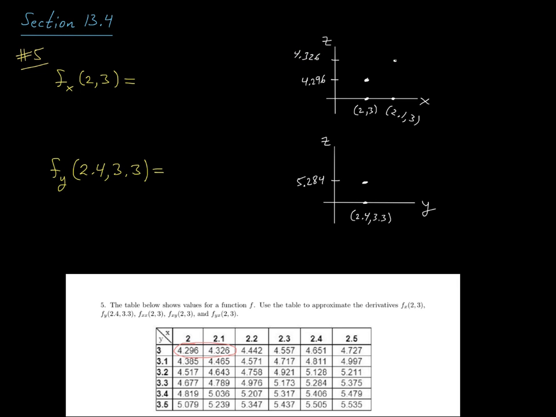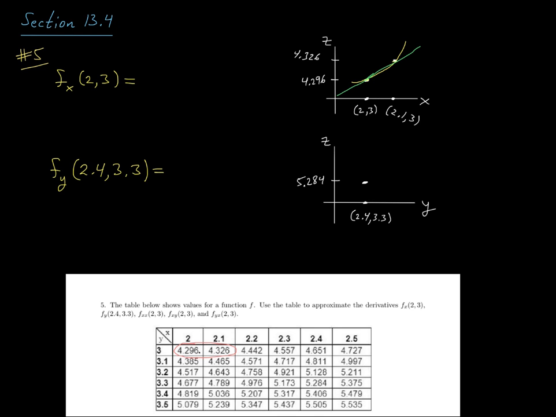So I'm going to be, say, up here. Now our curve is going to be doing something between these points, increasing like this, presumably. And to approximate the slope of the tangent at (2, 3), we're simply going to measure the slope of this secant line. What does that amount to?